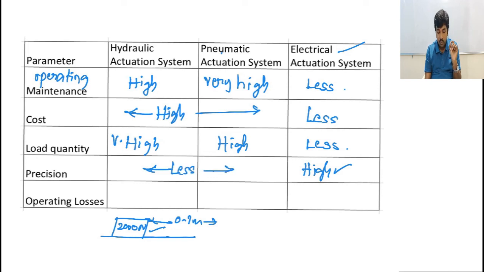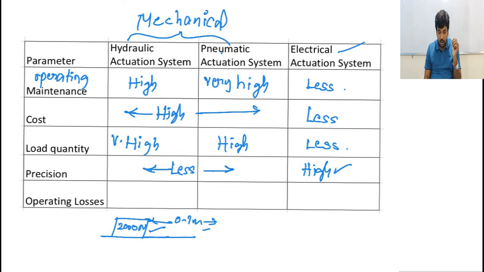Do you know why? Because when you deal with the mechanical actuation systems, that is, both the hydraulic and pneumatic actuation systems together, these two are called mechanical actuation systems, right? When you are dealing with mechanical elements, you will have friction, pressure variations, temperature variations, so many losses will be there. So obviously you may not be able to reach the accuracy of the design, the required position, properly.